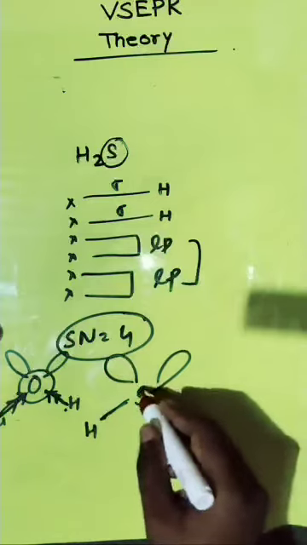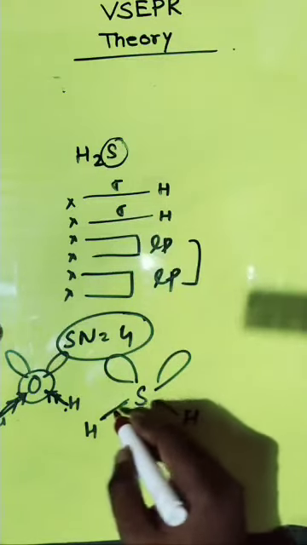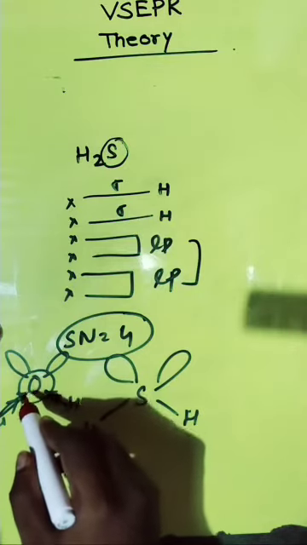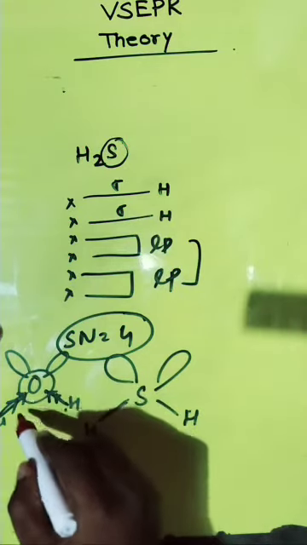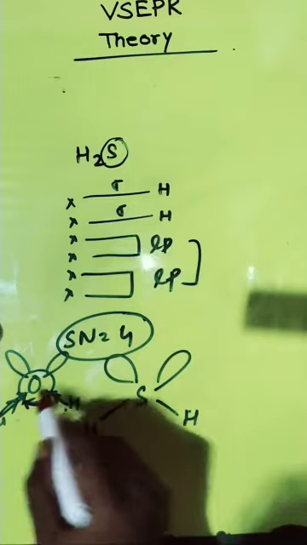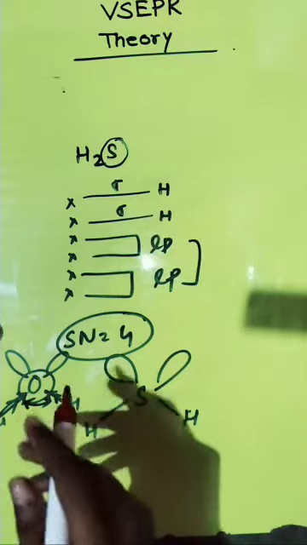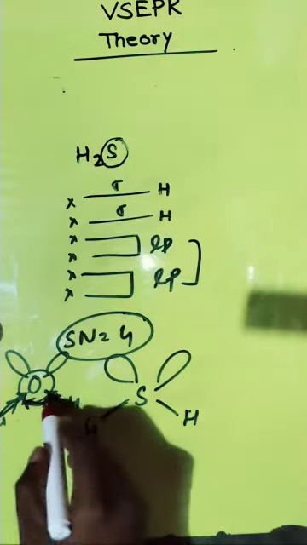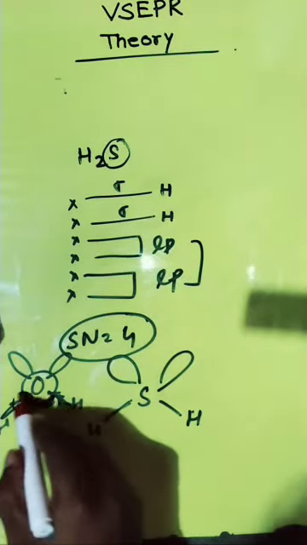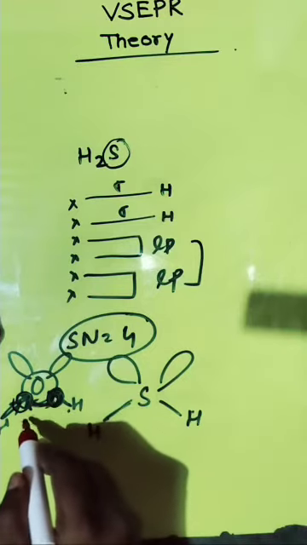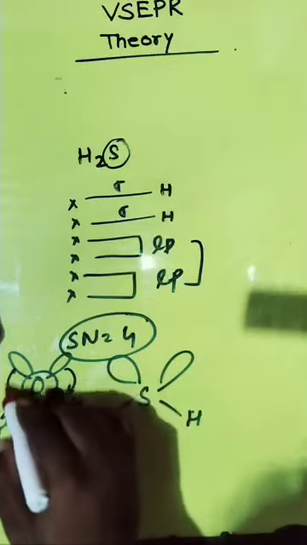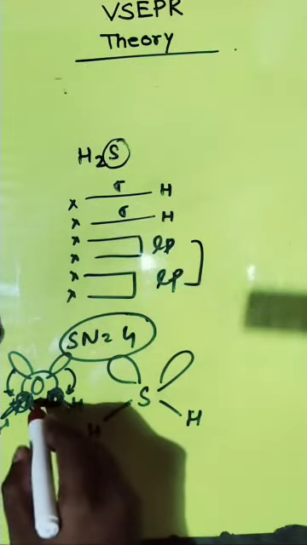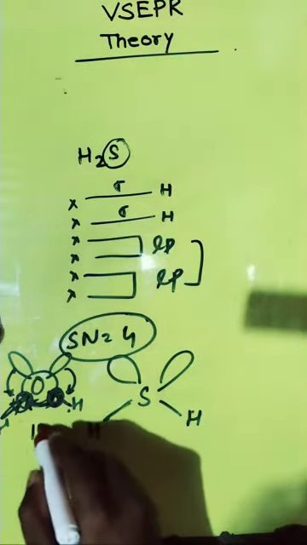Sulfur is slightly more electronegative than hydrogen. But in the case of water, the electron density is more around the oxygen atom. Therefore, the lone pair bond pair repulsion force is slightly repelled by this bond pair repulsion force, because there is more electron density here. That's why the bond angle is 104 degrees.